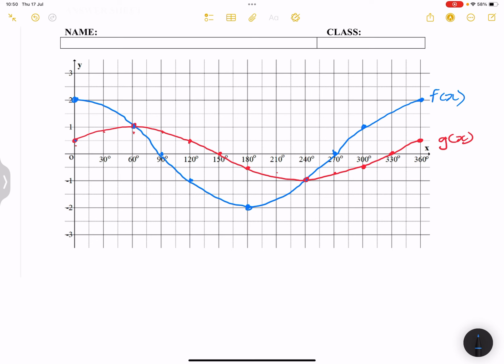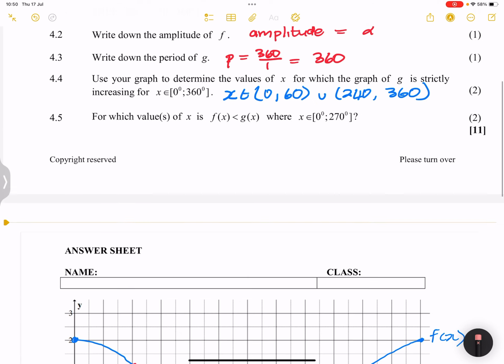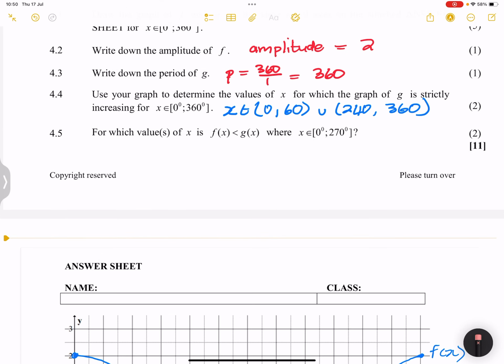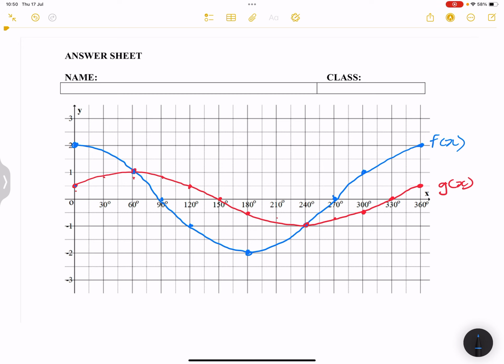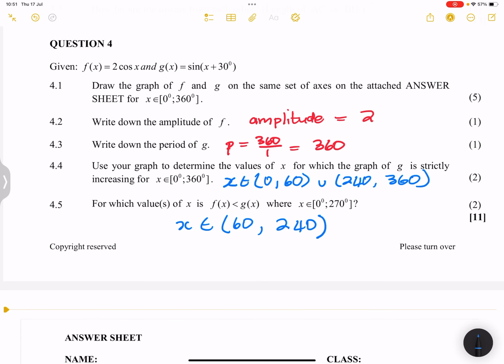So this is the portion over here, with those values excluded. So x would be an element of 60 to 240, both values excluded because they are equal at those points. So we are going to consider only when it is below and not when it is equal to. And that is essentially how the cookie crumbles, ladies and gents.